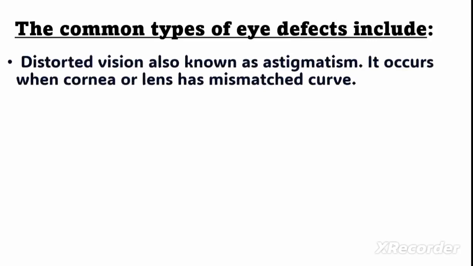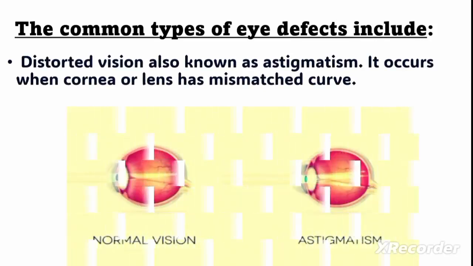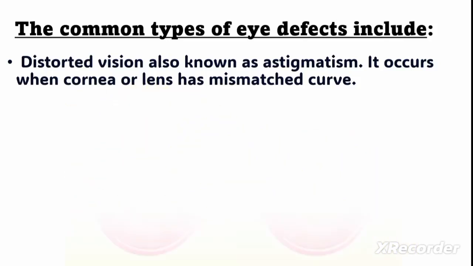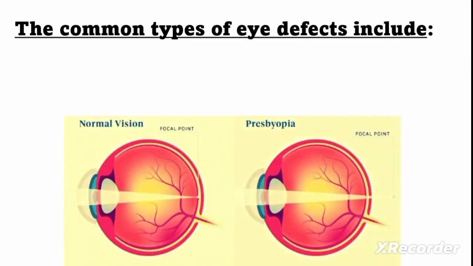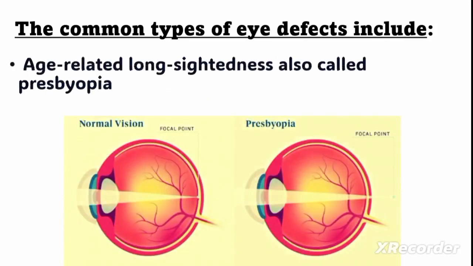The next defect we are going to look at is distorted vision. Distorted vision occurs when the cornea or lens has a mismatched curve. So we can see mismatched curve here, and we can see the normal curve here. Because of the mismatched curve, this person is bound to have distorted vision. We are also going to look at presbyopia.